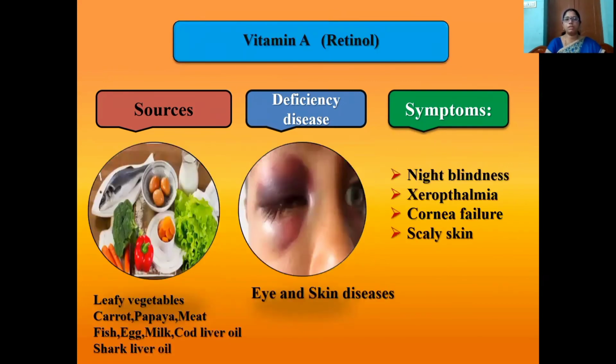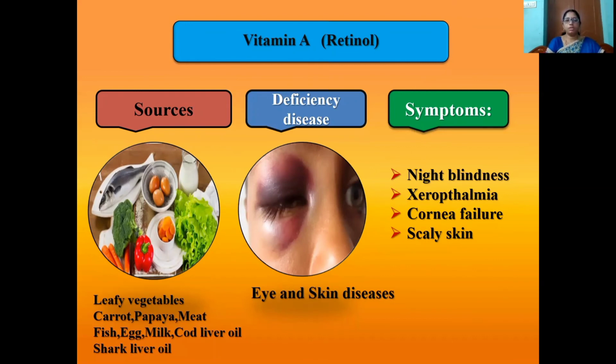The next one is fat-soluble vitamins. The examples of fat-soluble vitamins: vitamin A, vitamin D, vitamin E, and vitamin K. Now discuss about vitamin A. This vitamin is also called retinol.